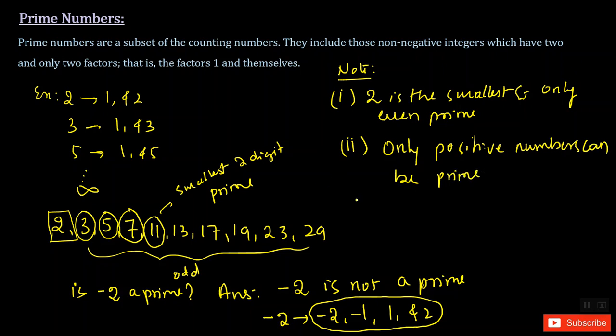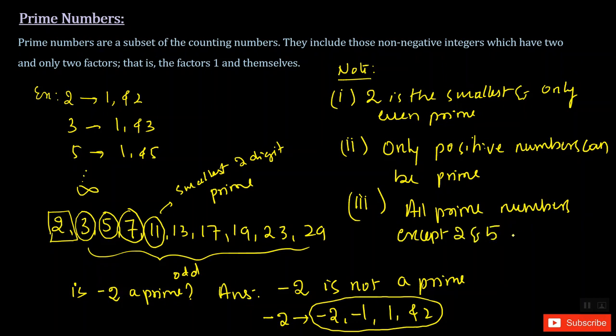And the third point we can draw from this is that all prime numbers except 2 and 5 end with 1, 3, 7 or 9.